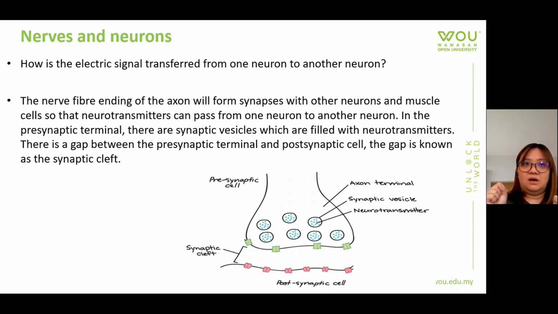There are a lot of psychotic medications, like those to treat depression, bipolar disorder, anxiety attacks, all these things. They actually work by suppressing or promoting the release of neurotransmitter, so that a lot of information passes through the axon and through the neuron. So this is how it works.